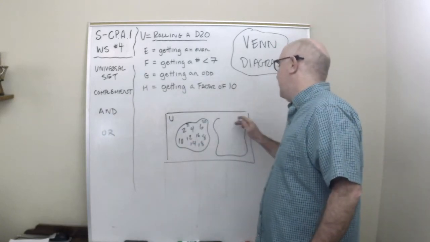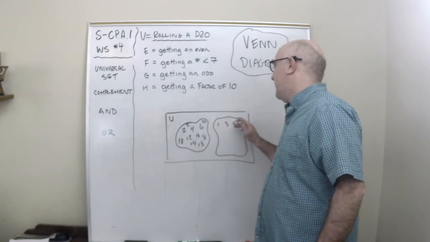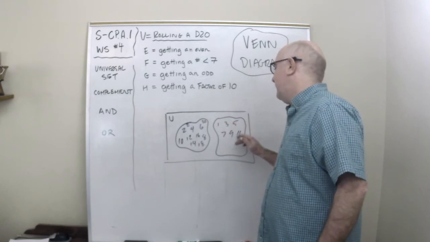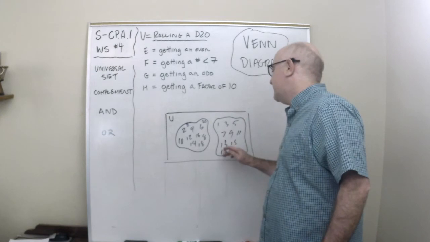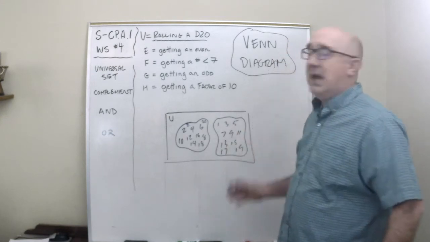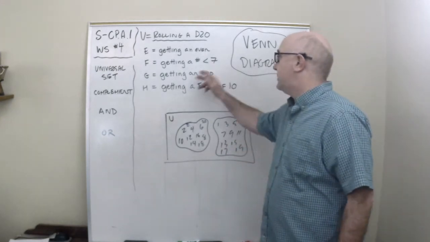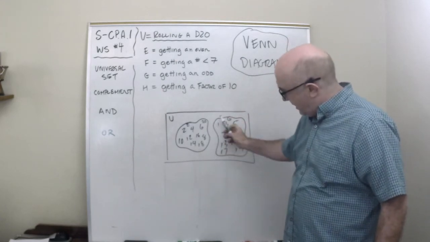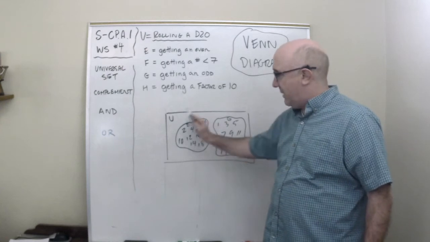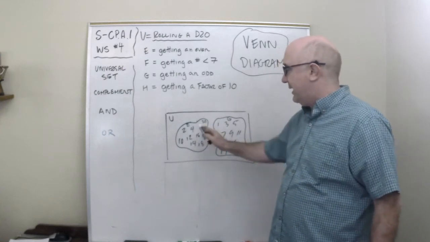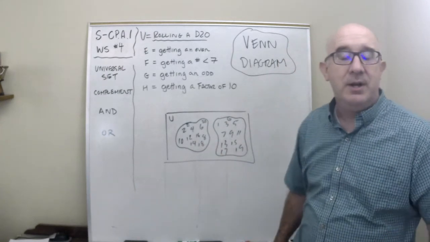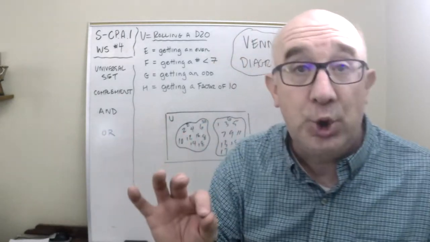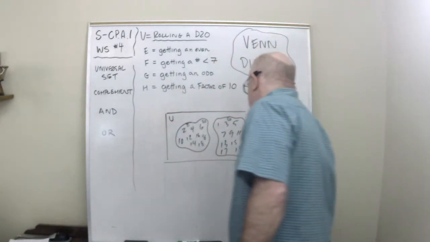So this one would be 1, 3, 5, 7, 9, 11, 13, 15, 17, 19. It would have all of the odds, and this one's called G. Notice the boundaries don't touch each other at all. We have one boundary and another boundary, and they have no overlap to each other. That's what is called mutually exclusive.